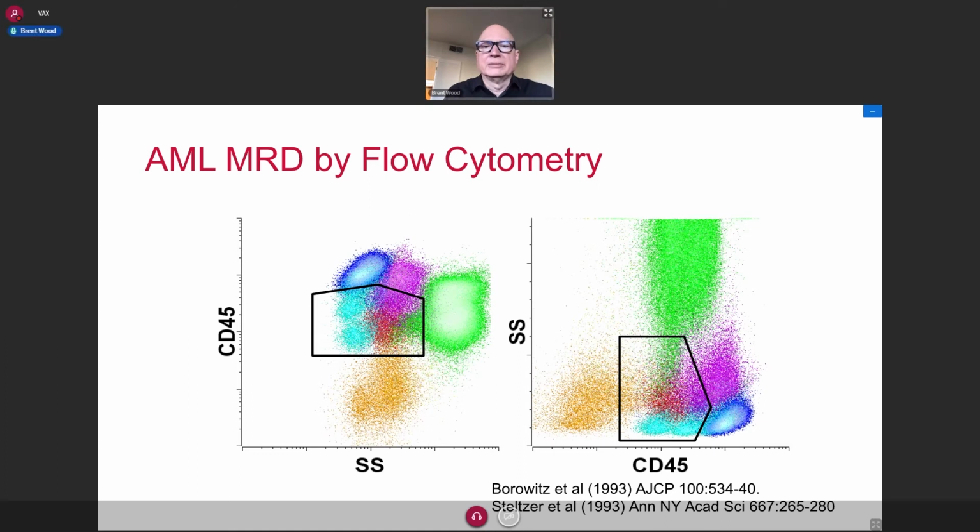So what about AML? AML is a much more complex problem. The same principles can be employed, but we're talking now about a variety of different maturational stages for early progenitors as they mature in bone marrow.